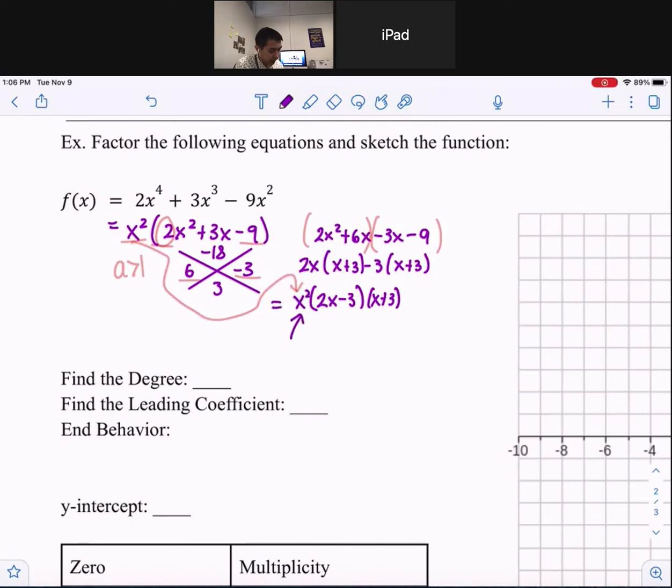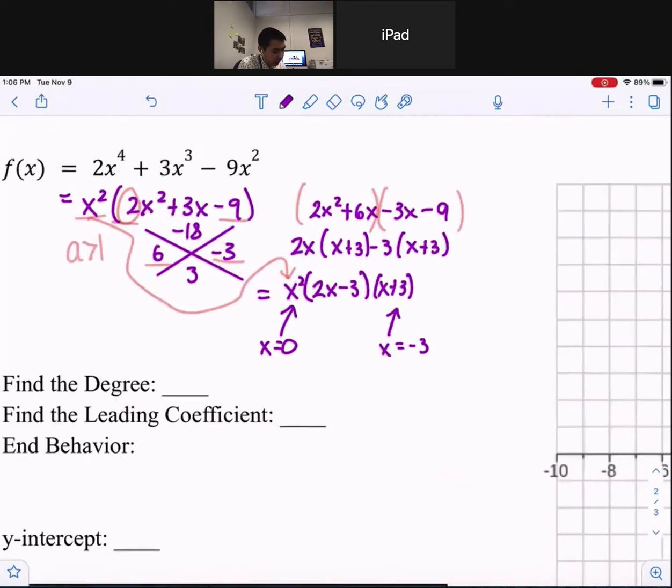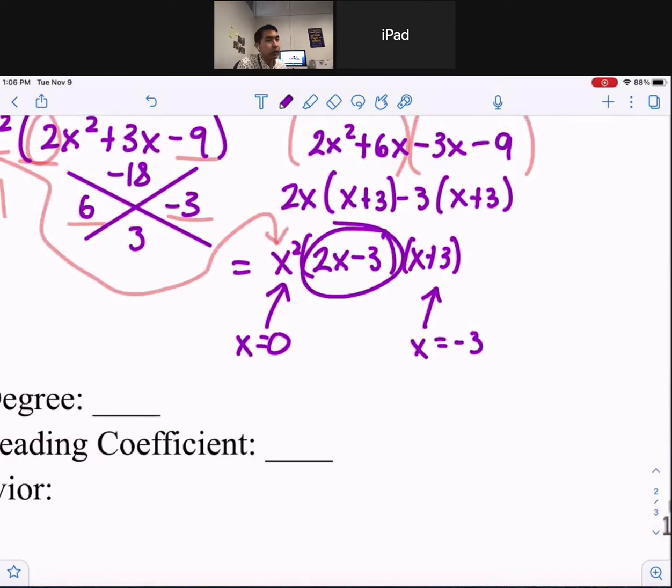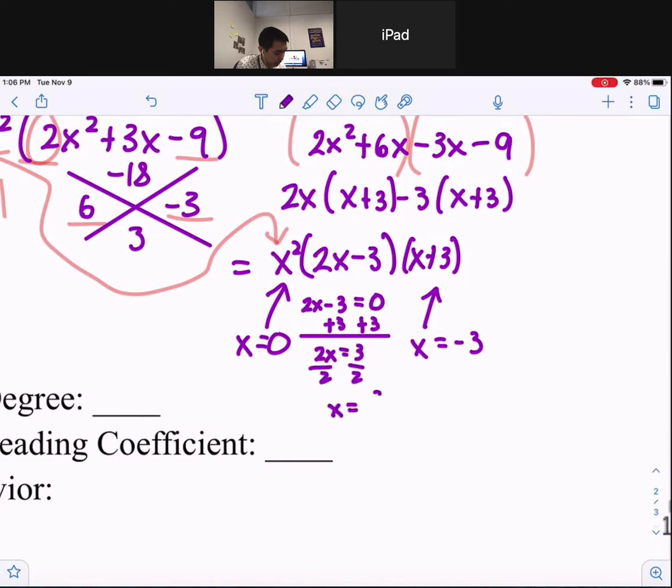So this has a 0 at x equals 0. This one has a 0 at x equals -3. Now this middle one, it's not 3. Because if you plug in 3 into this x, 2 times 3 is 6, 6 minus 3 is 3. So to find this 0, you have to set the whole factor equal to 0 and solve it traditionally. 2x equals 3, divide both sides by 2, x is equal to 3/2.